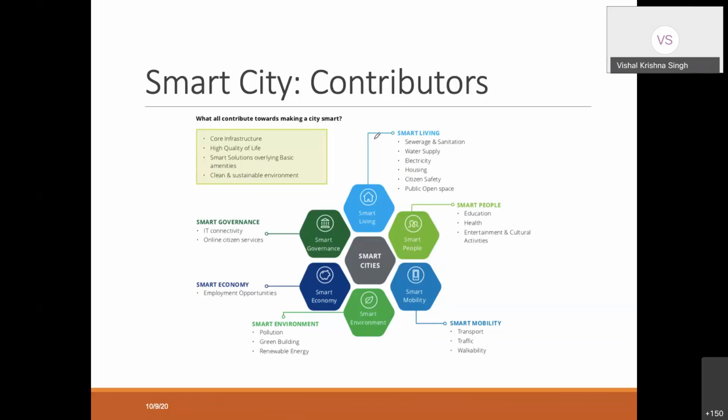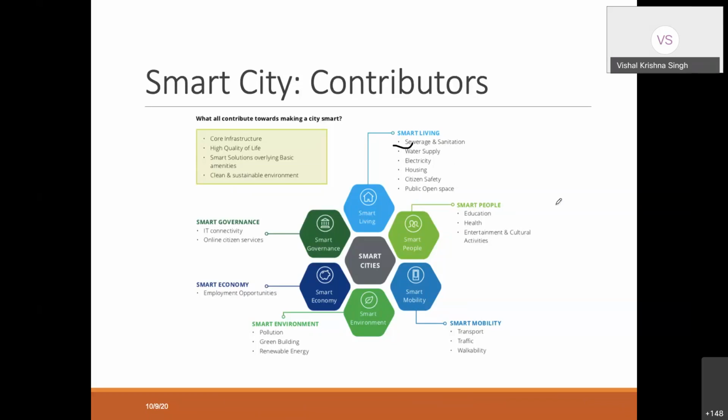And smart living is what? As we can see, the sewerage and sanitation, water supply, electricity, housing, citizen safety, and public open spaces all need to be addressed in a smart city concept, and that too with an optimized usage of the resources. Then again, smart people: as I said, any technology which we might propose is as good as the people using it.